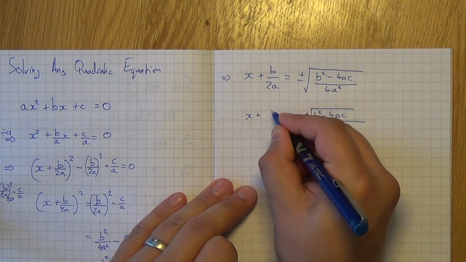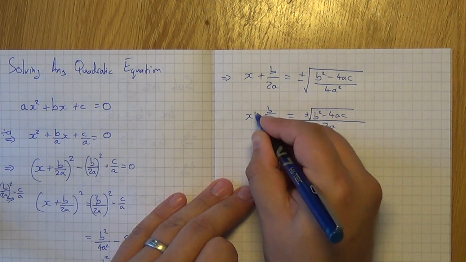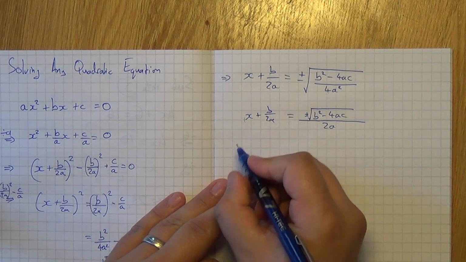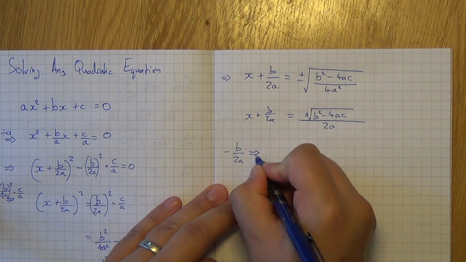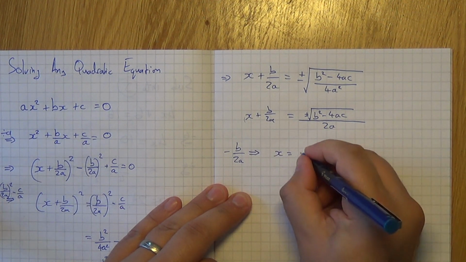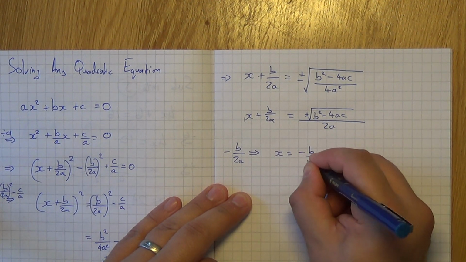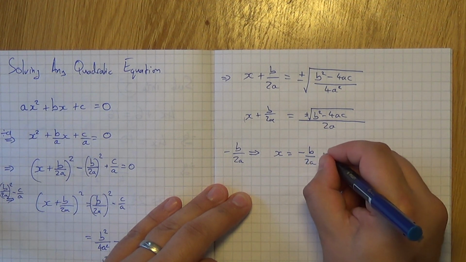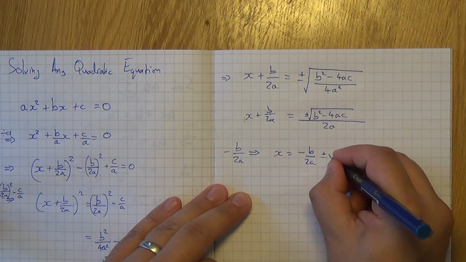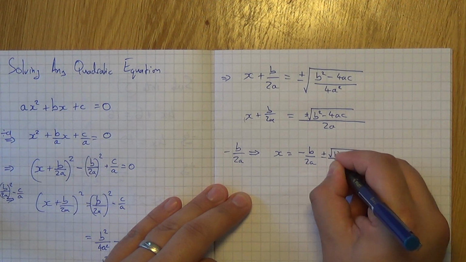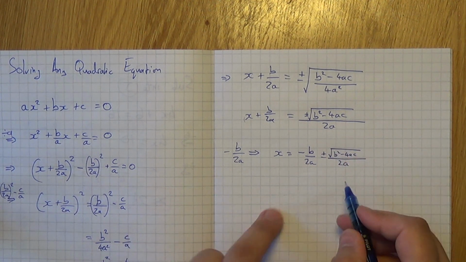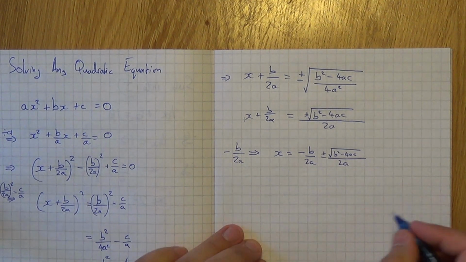Finally, to get x by itself, I'm going to take away this fraction from it. So take away b over 2a, and that gets us x equals negative b over 2a plus or minus the square root of b squared take 4ac over 2a, and oh look, that's the same denominator.